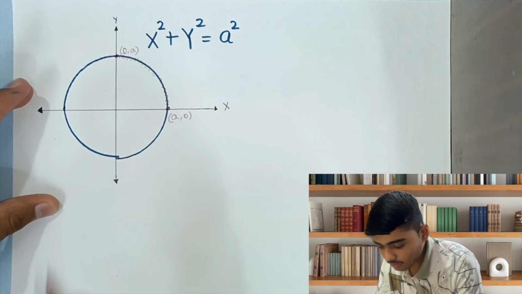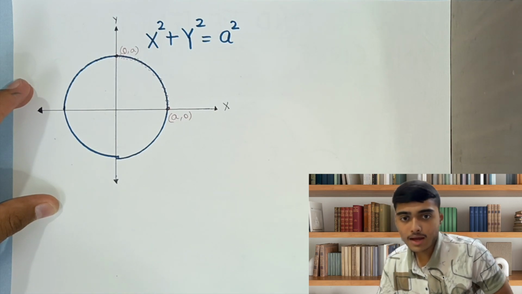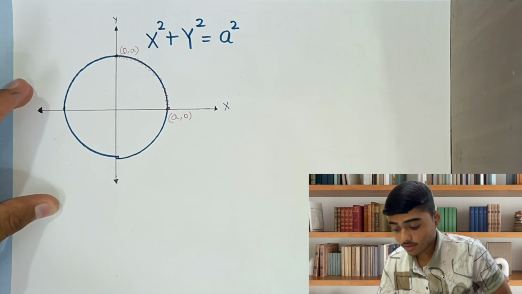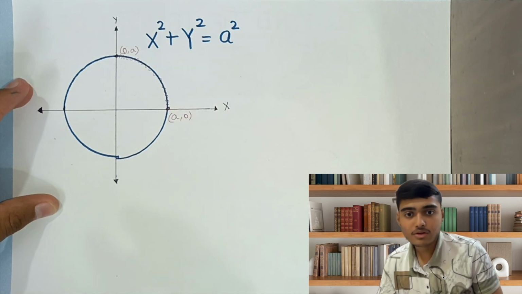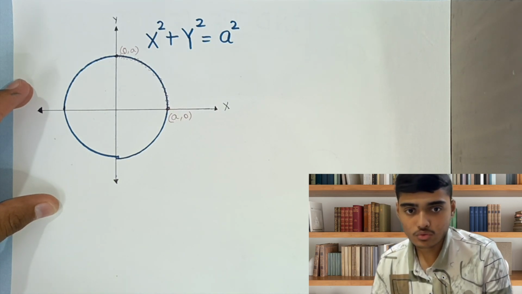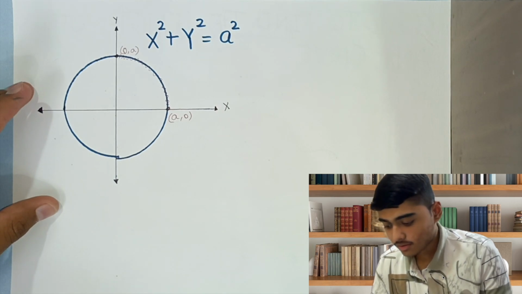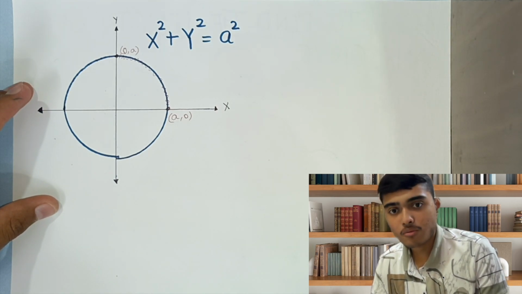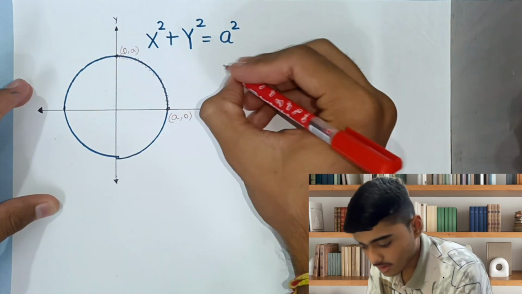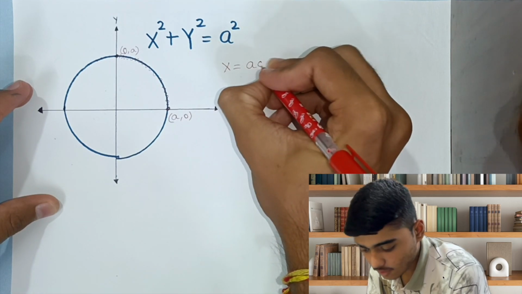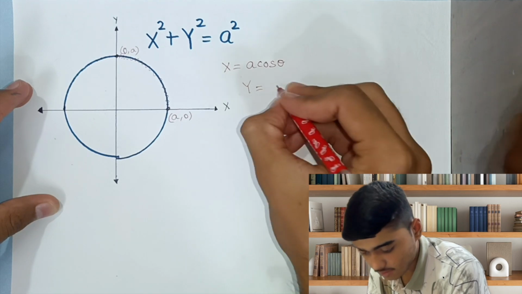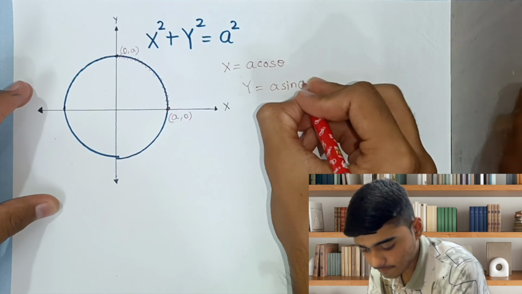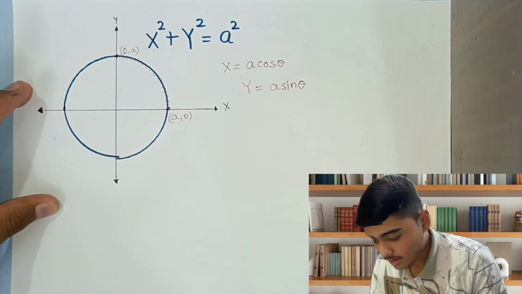Before going further, I want to tell you that finding the length of any curve is simple when you know the parametric form to use. In this one, the standard parametric form for a circle is x equal to a cos theta and y is equal to a sin theta, and I will use this one.